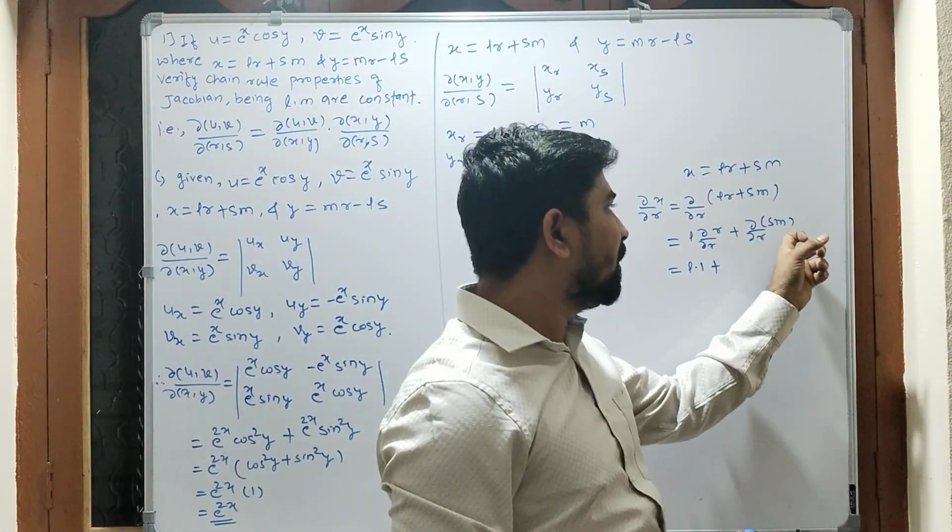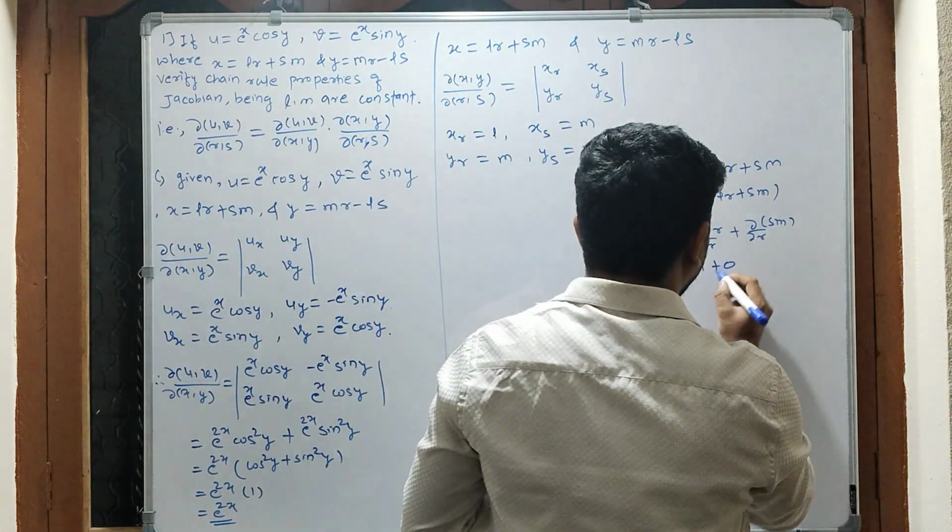Both s and m are constant, and the derivative of a constant is 0, so this is equal to 0, which gives L.